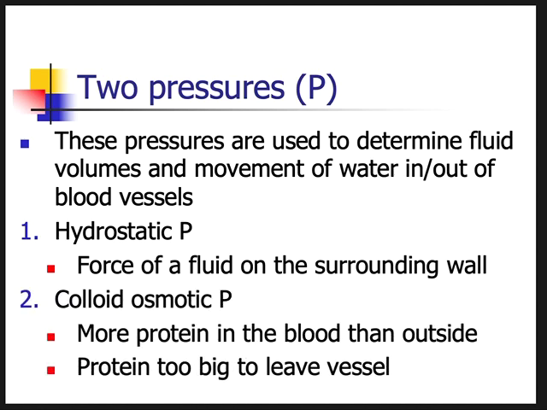And colloid osmotic pressure. Colloid just means a suspension of particles. In this case, the particle that we're talking about is protein. So we're really talking about protein osmotic pressure, but we call it colloid.